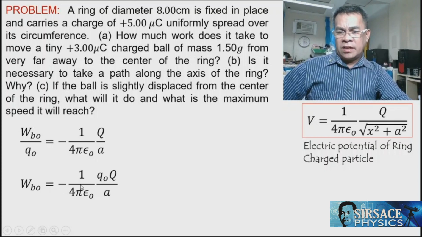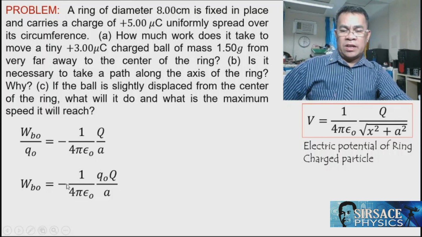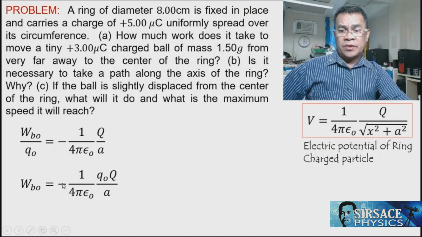We have negative 1 over 4 pi permittivity times Q naught, the moving charge, and the charge of the ring divided by A. Again, look at the negative sign. This is consistent with our explanation that to bring the charge from far away towards the center, it needs a negative force. You have to counter, so you have to exert a force, and the work done should be negative.